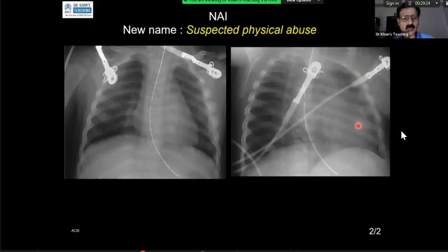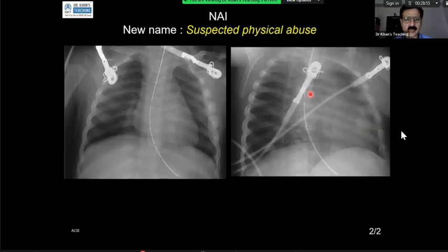Now, one thing which I want to tell you is, we have changed the word for NAI once again. In my radiological lifetime, I think we have changed it so many times. In the first David Sutton which I have, the 1987 edition, the word battered baby syndrome is there for this. And then we said it's politically incorrect to call it this. Another word, NAI. Now we have changed it to suspected physical abuse.